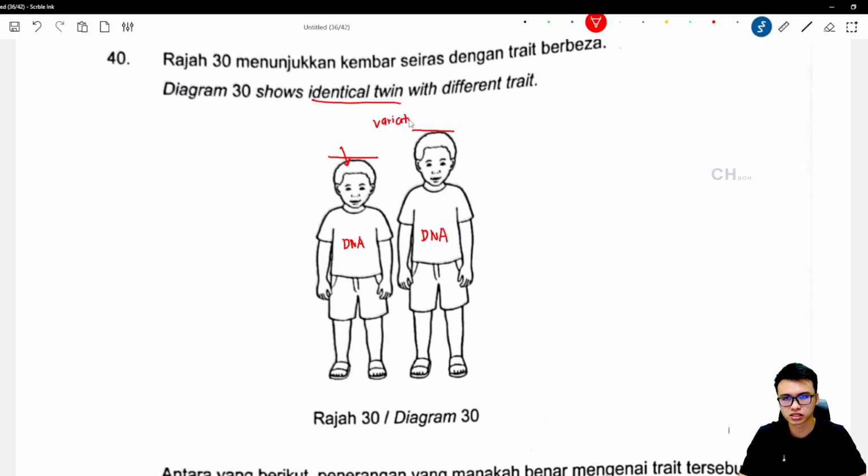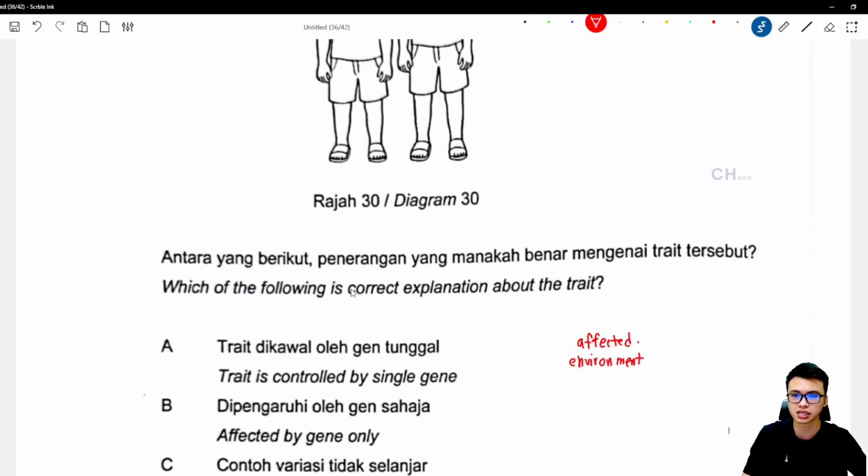Am I right? It is a type of variation, because they are different. And these height variations are continuous variations. Why continuous? Because it can be affected by the environment. We just need to follow this idea, continuous variation, then you can find the answer here.